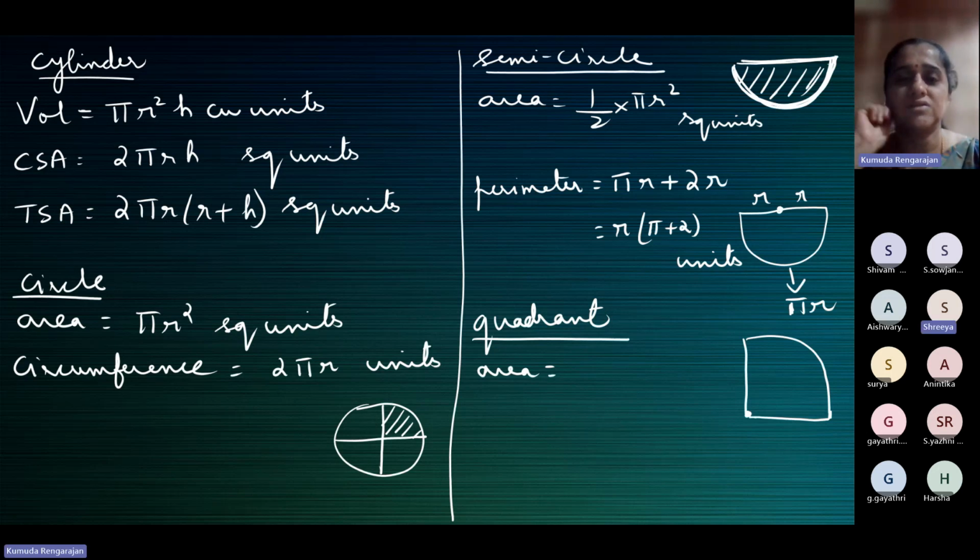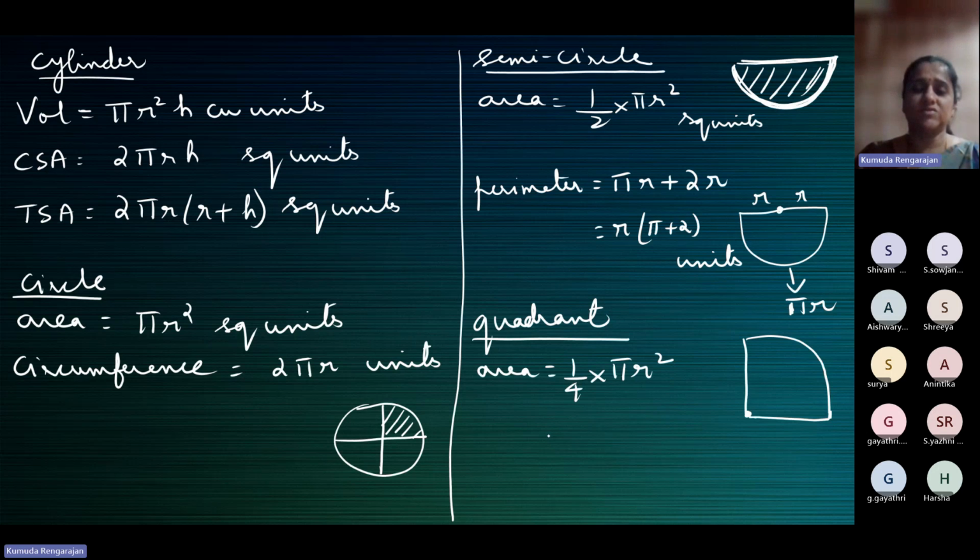Full circle is pi r square. Pi r square by 4. Yes, correct. So a quadrant is 1/4 of the circle. The area of a quadrant will be 1/4 into pi r square.